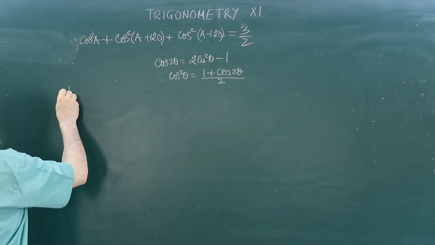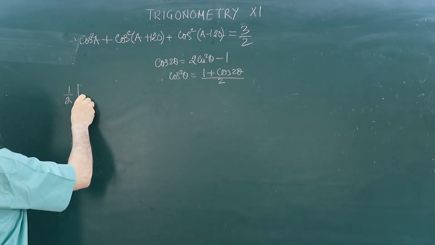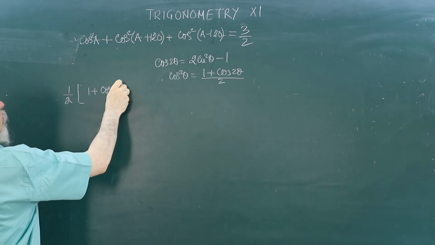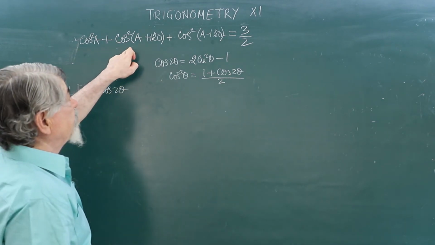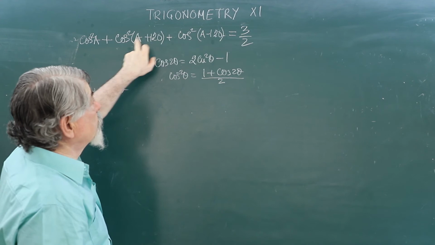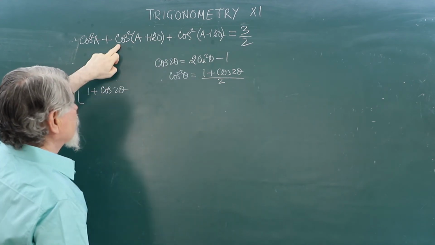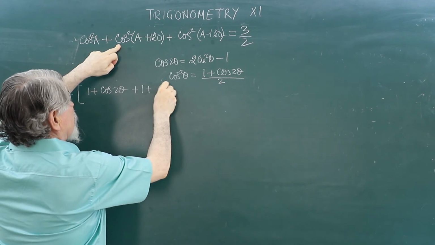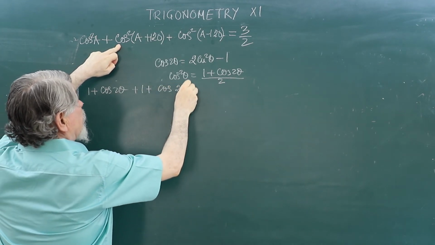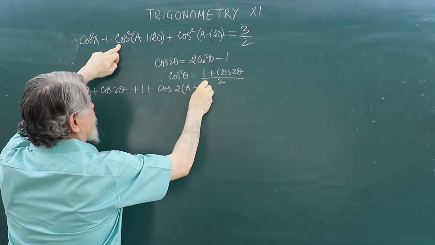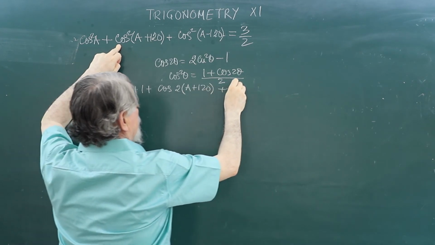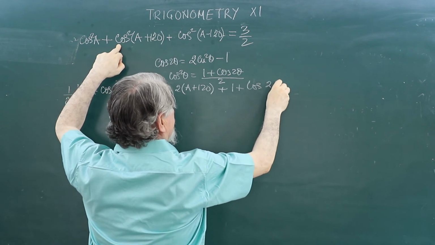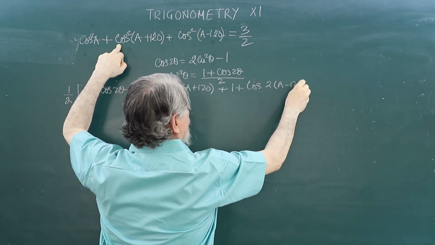So 1 upon 2, cos square A will convert to 1 plus cos 2 theta. This 1 upon 2 will be common everywhere, because it is cos square everywhere. This will convert into 1 plus cos 2 into A plus 120, plus 1 plus cos 2 into A minus 120.